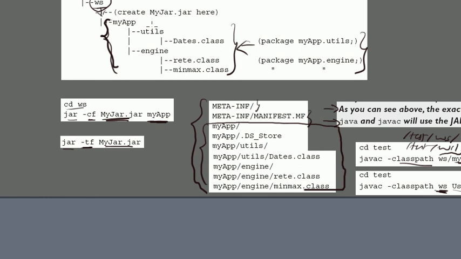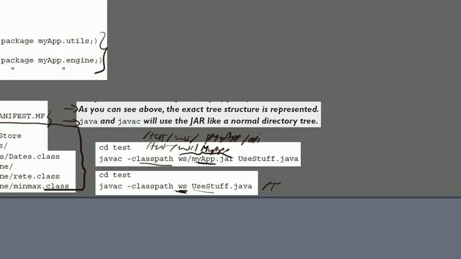This is myapp/utils, if I'm not wrong. Yes, so it would be utils, and this would be /engine.